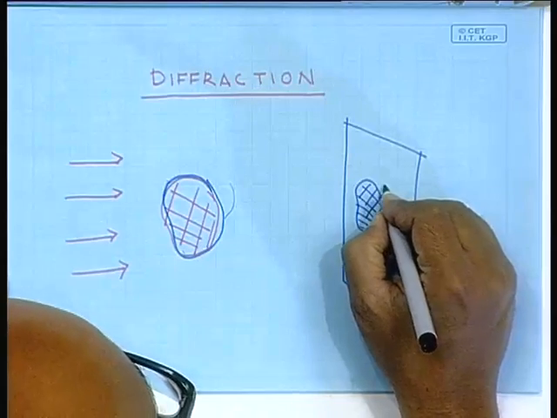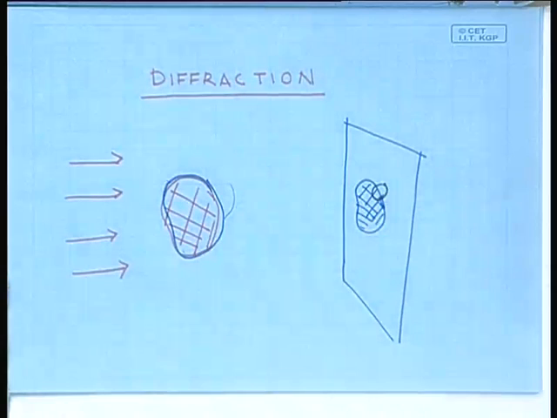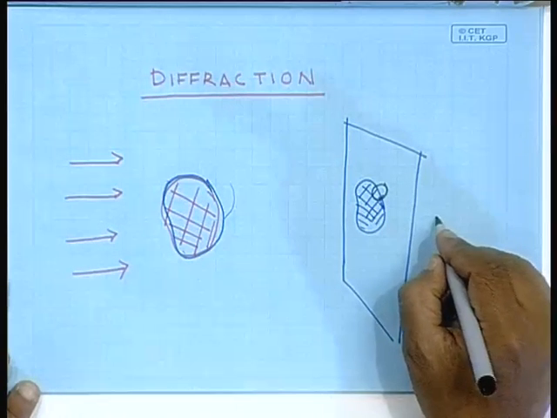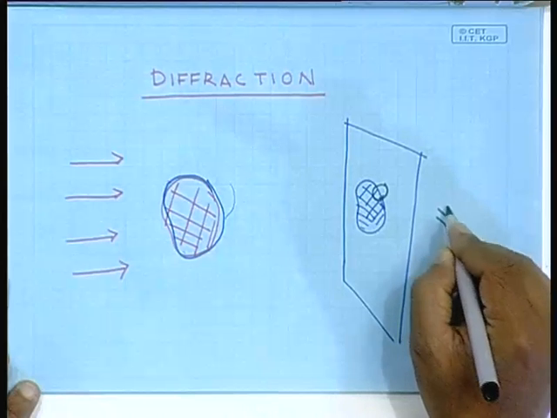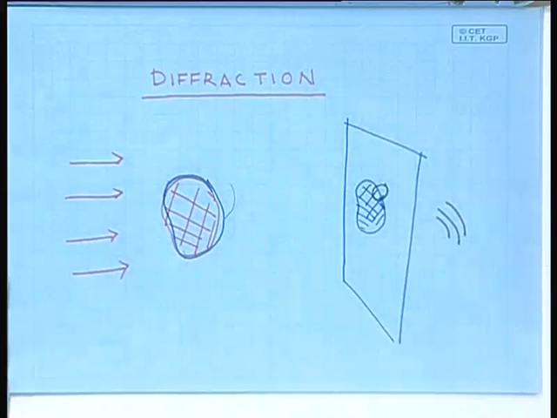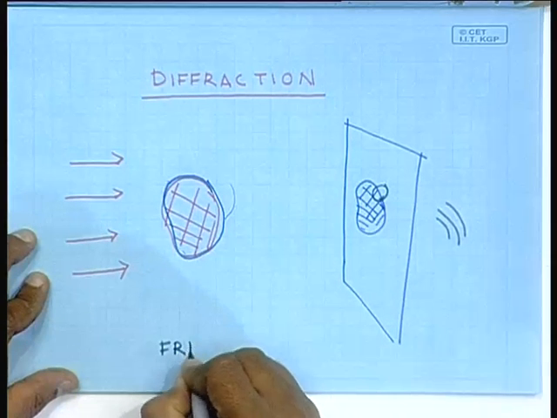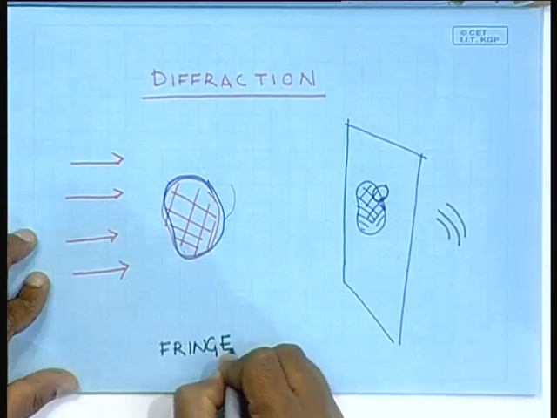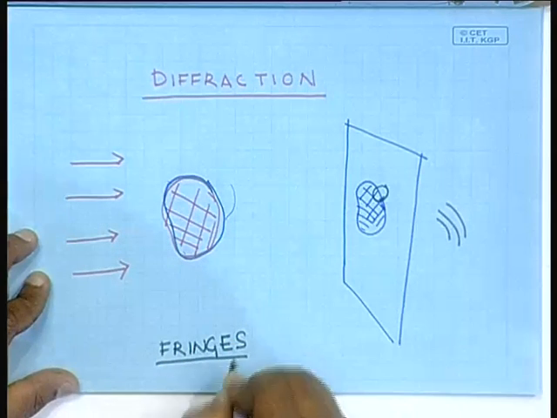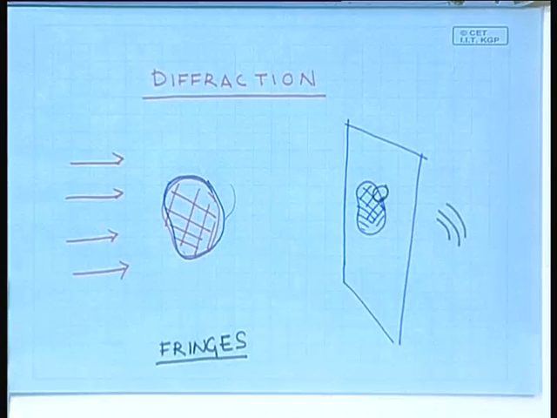But if you look closely at the edges of the shadow, these regions, you will see that there are dark and bright lines which occur over there. You will find a pattern of dark and bright lines in the region near the edge of the shadow. These are referred to as fringes. We have already discussed what fringes are, and this is an example of the phenomenon of diffraction, where we have the superposition of many waves.